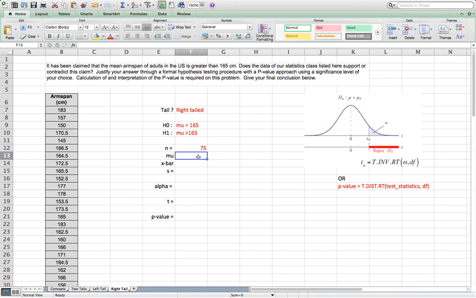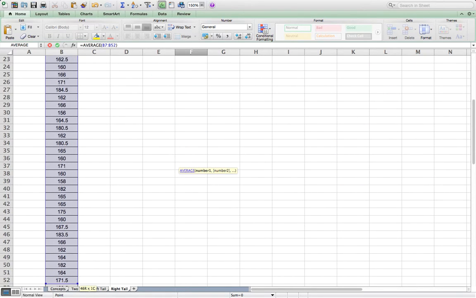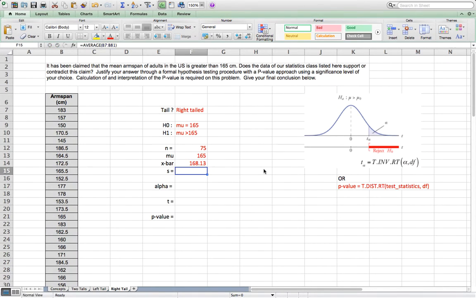Then the mu is 165. I test against that. X bar equals average. So I click on average, then drag down the data, to here. Okay, then hit the Enter key.